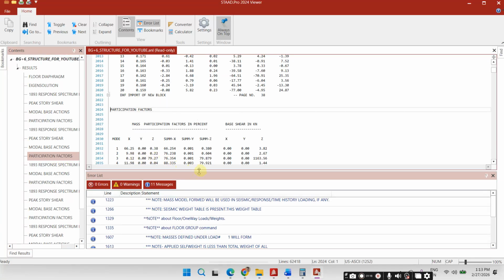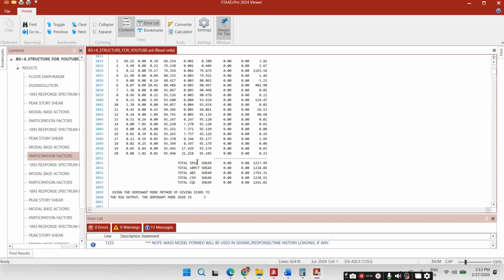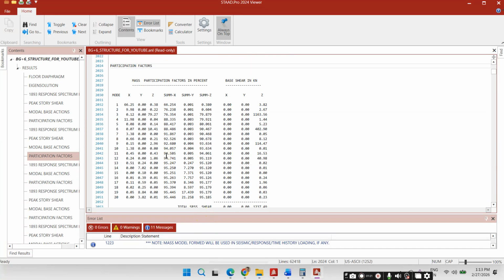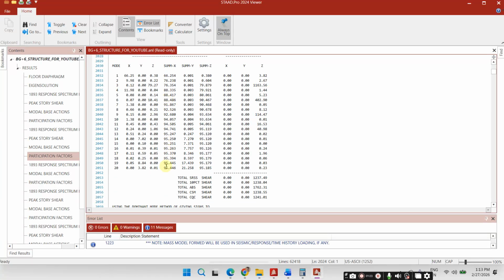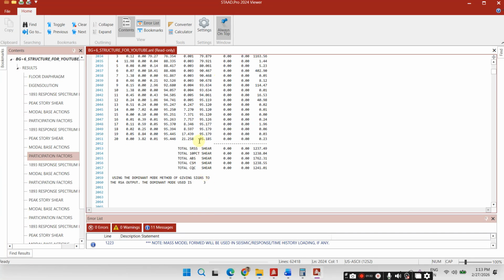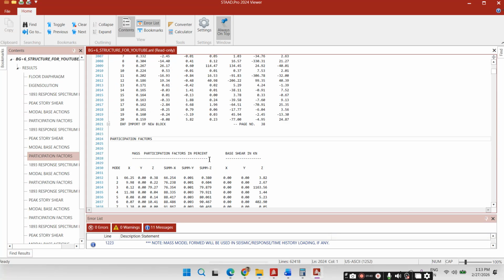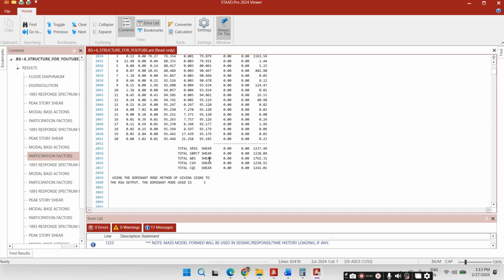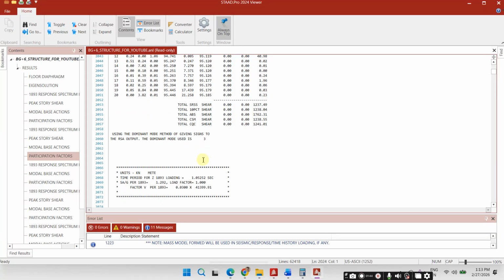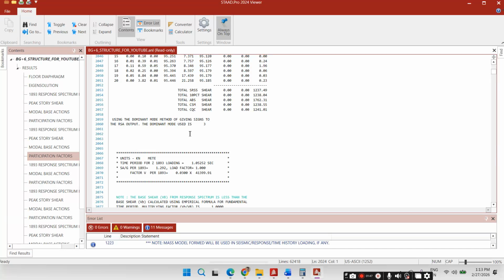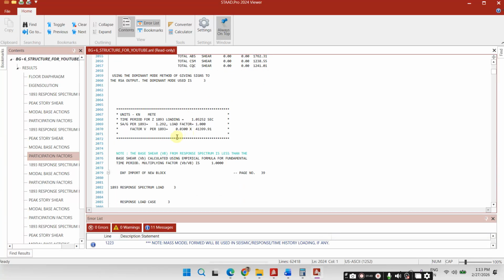Double click, and you can see here the summation of x direction is greater than 90%, means 95, and also summation of z direction, the mass participation is 95 plus. So the stability of that structure is so high, no problem.